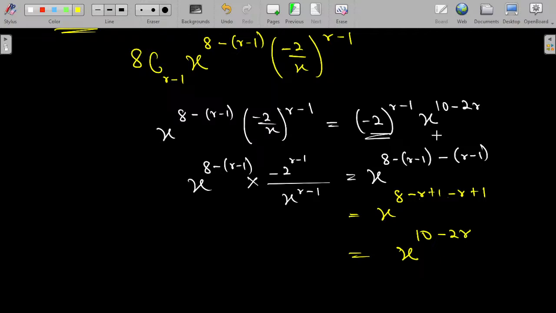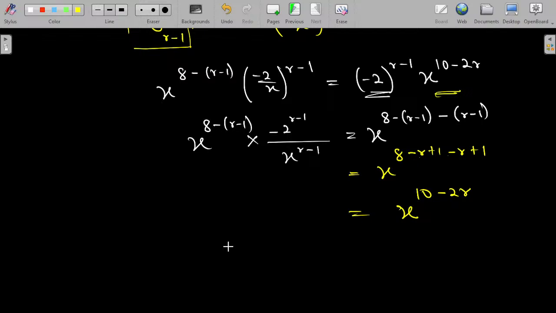So that's actually how they got this. Remember that we have omitted the value for this combination at that point. Okay, so what next was done? So they now said for this term to be independent of x, it means that your 10 minus 2r must be equal to what?